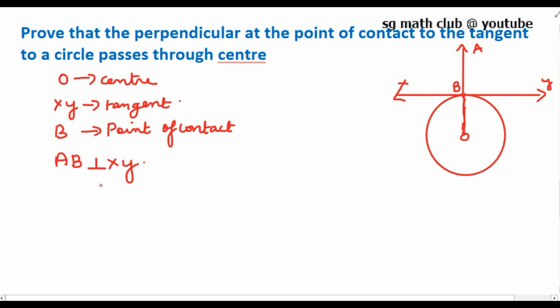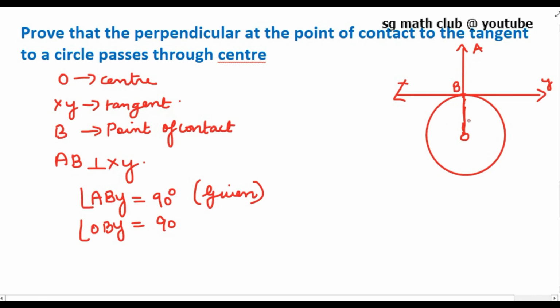So how will you prove this? We know that angle ABY is 90 degrees because it is given in the question that AB is perpendicular to the tangent of the circle. Again, we know that angle OBY is also 90 degrees because OB is the radius of the circle, and the angle between the tangent and the radius at the point of contact is 90 degrees.